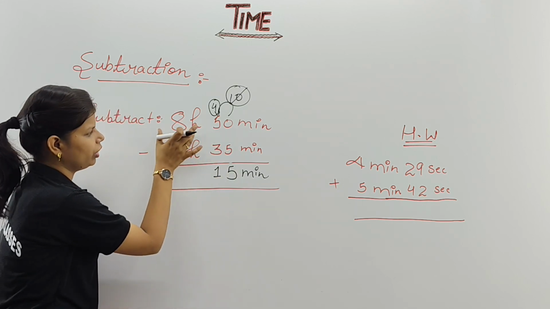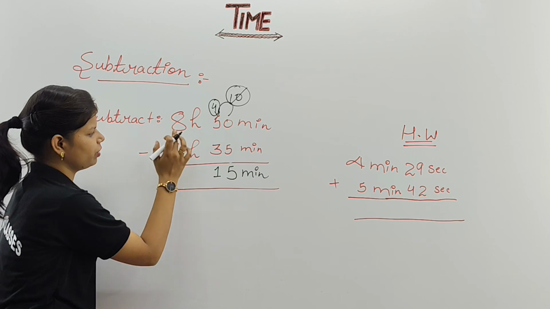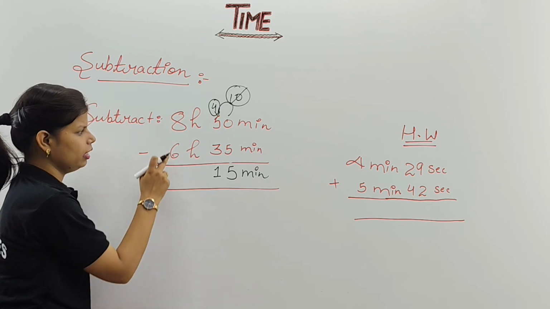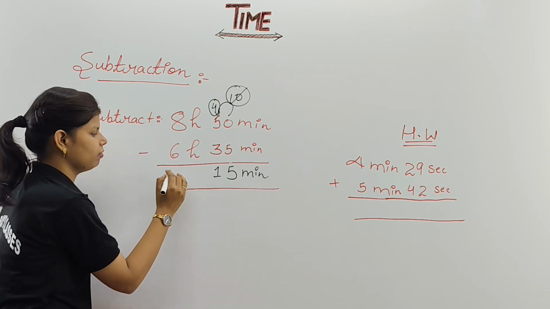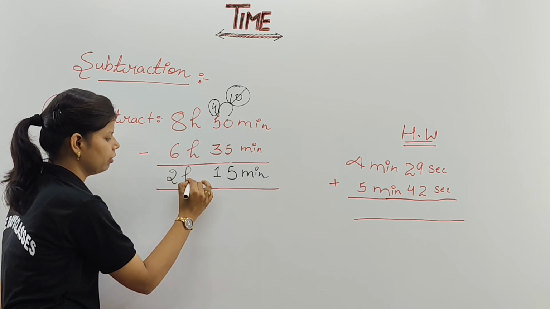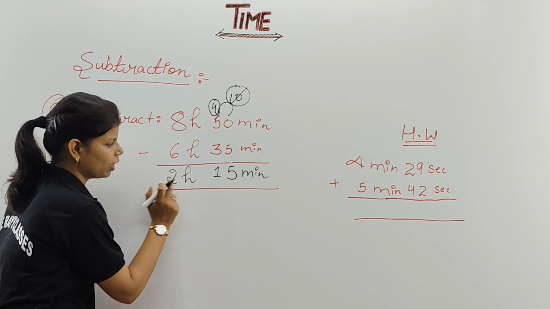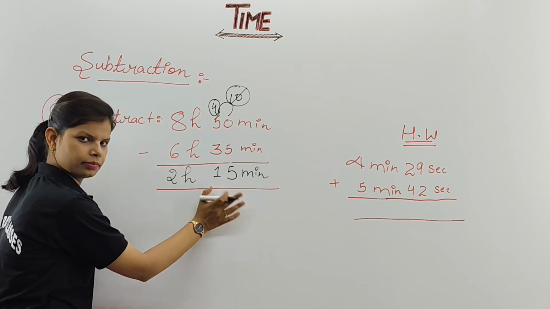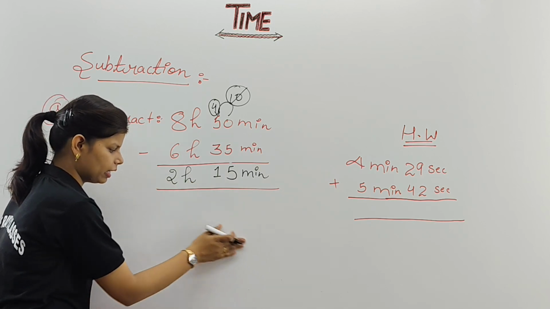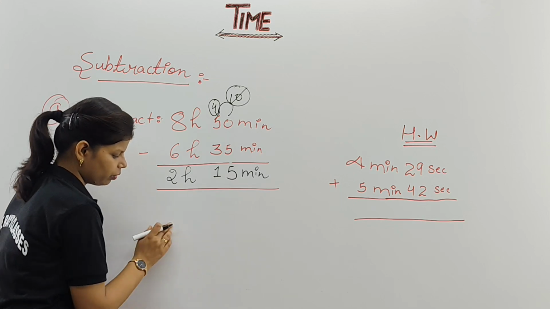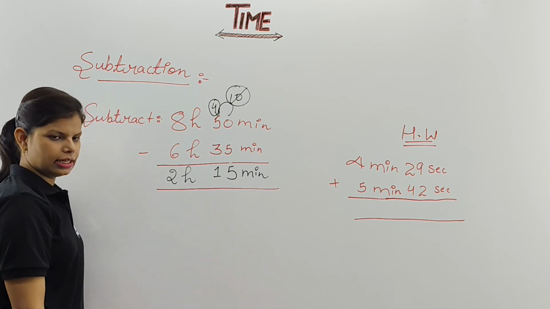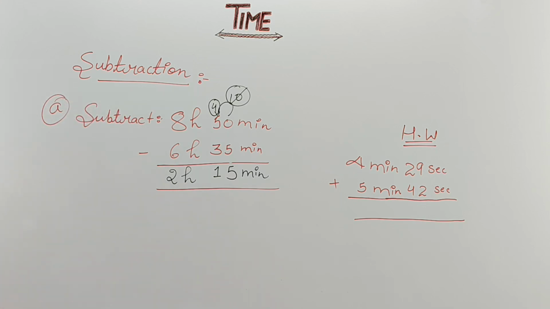Now there is no borrow or carry from this side, so we subtract as usual. 8 minus 6, we get the answer 2. Here we write H. Clear? So our answer is 2 hours 15 minutes. That is your first part. Again, in subtraction, when the numbers are more than 60, we have to convert and find the answer. This is your simple type.